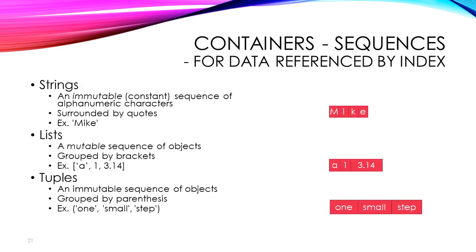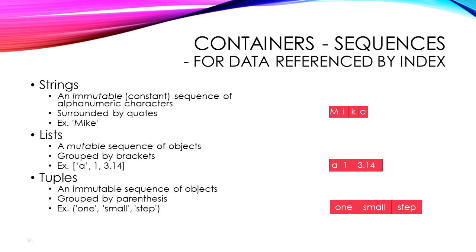Now we're going to look at what I call containers. There's two types of basic containers in Python. The first type is what we call a sequence. And this is data that is referenced by an index number, a number between 0 and some other number. We're going to look at three different types in our programs here.